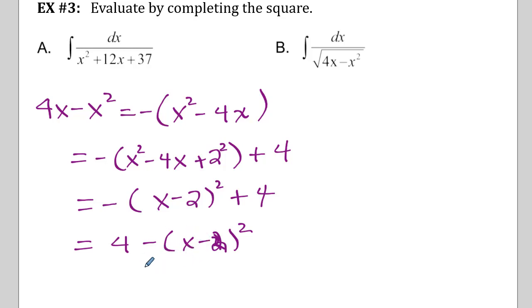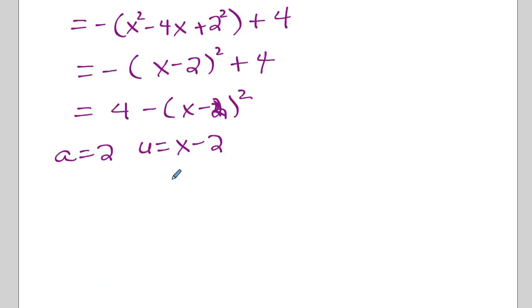And so we can think of our a as 2, and u is x minus 2, and du is just going to be dx.